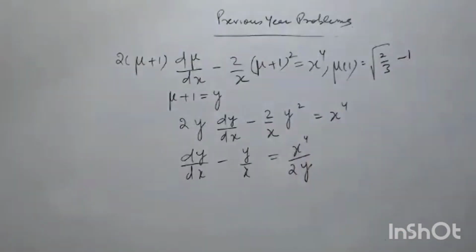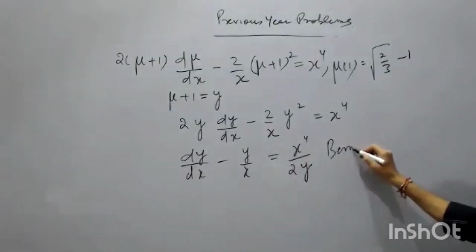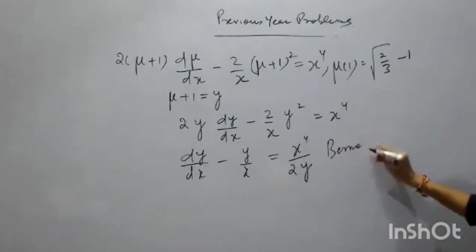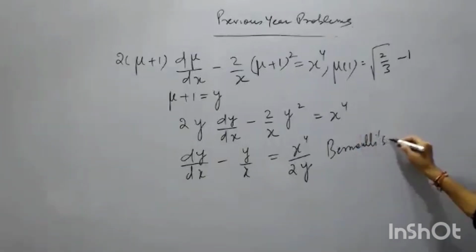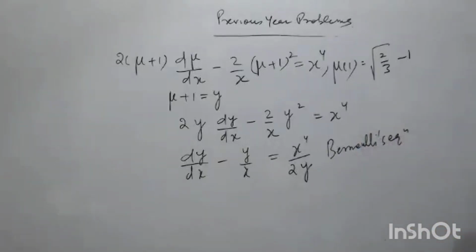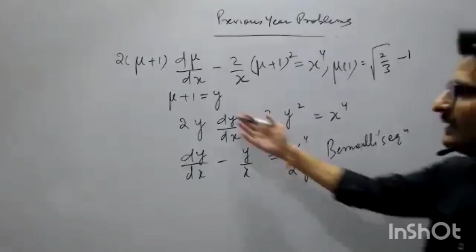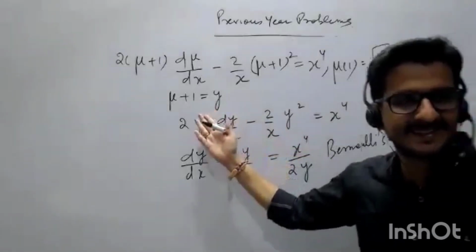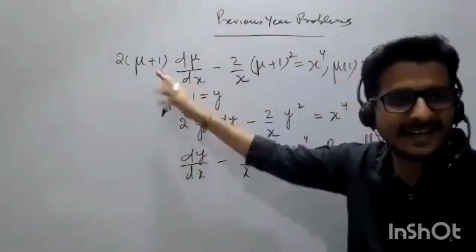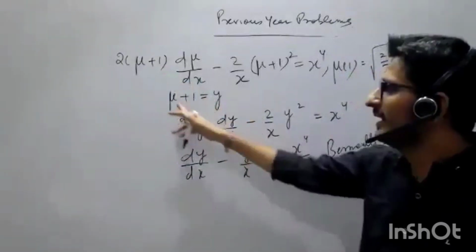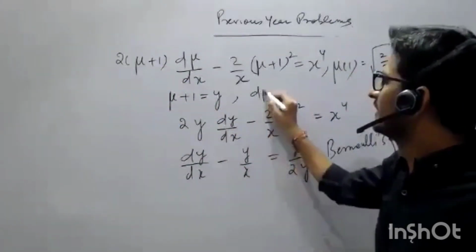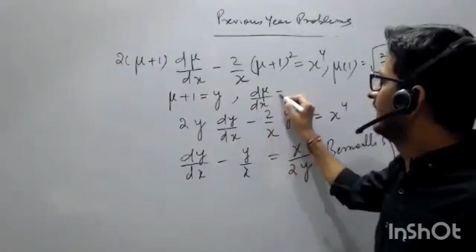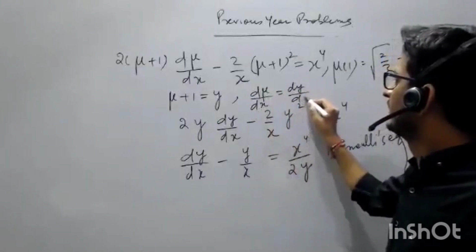So what type of equation is this? Bernoulli. Bernoulli's equation. So from here you can do it. Can I give this as homework now? The only thing was to recognize that if a constant is added, no problem. You can just take y, and if you differentiate it, d mu by dx will simply be dy by dx.